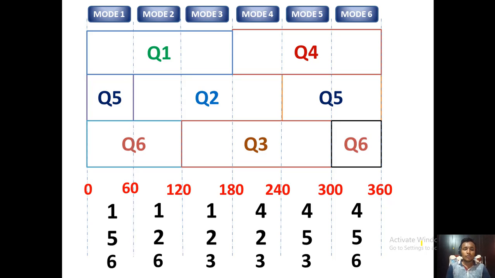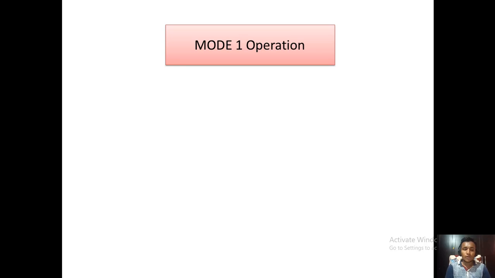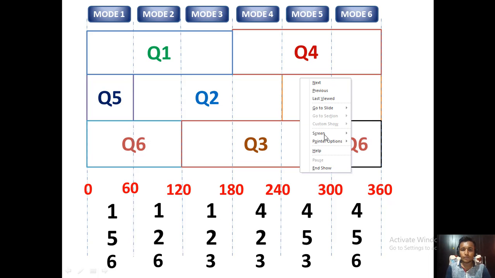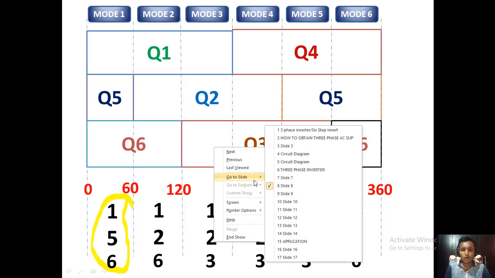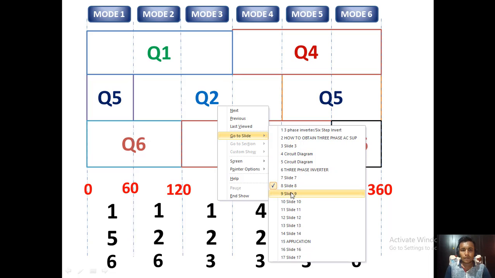Now we have to see how the circuit responds during every mode. So first of all, we will study mode 1. We know that in mode 1, thyristors 1, 5 and 6 are on.